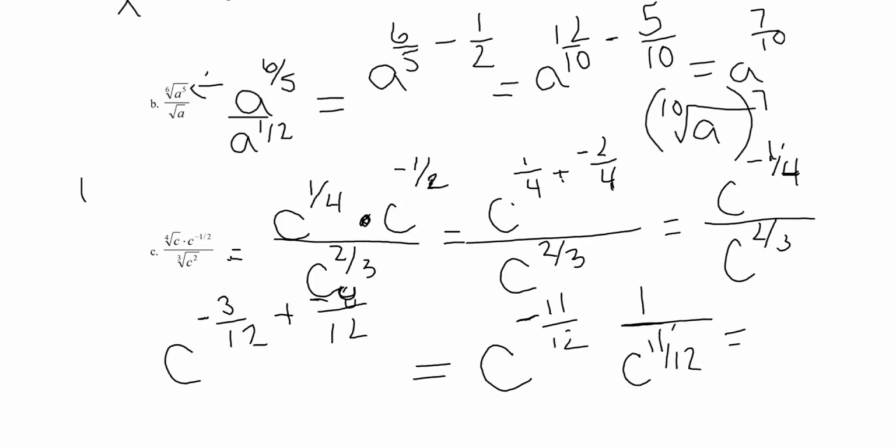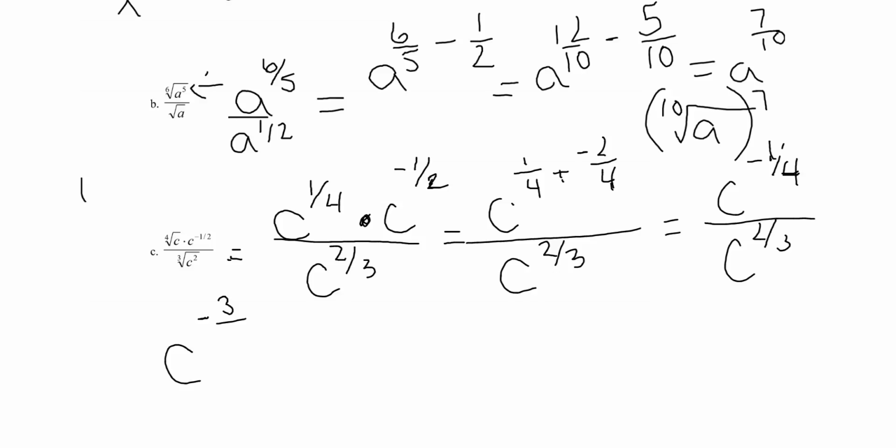So it's going to become 1 over our radical here. C, my index is 12, and my power is 11.